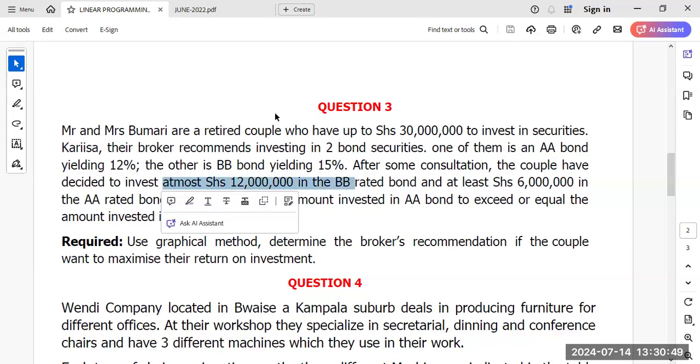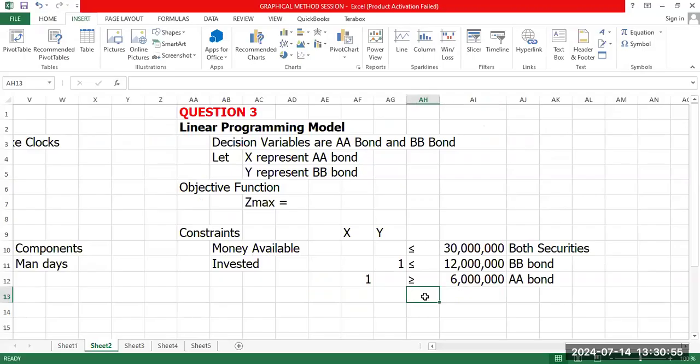So what you're going to do, this thing is where the problem comes in. Just interpreting those statements. So once you put this inequality, we expect you to put BB is Y, and this one will be X. Do you agree with this statement?